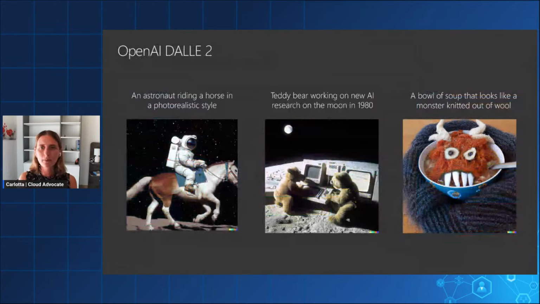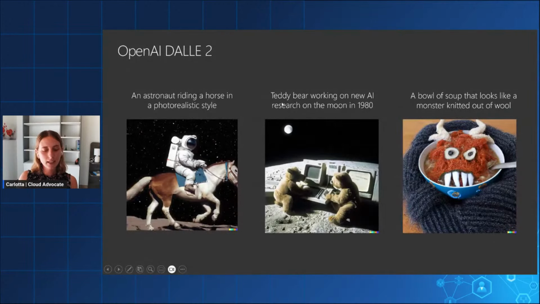In this slide, you can see some examples. The text you see here are textual prompts that have been used as input to the DALL-E 2 model. So for example, by injecting this prompt, an astronaut riding a horse in a photorealistic style, we can get an image similar to this one. This is an example of an output from the DALL-E 2 model.